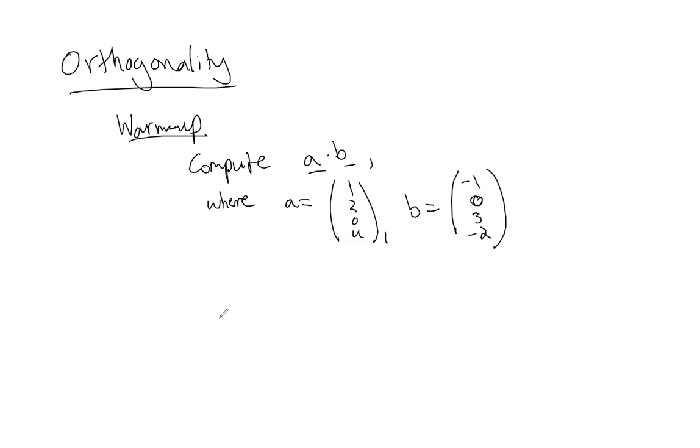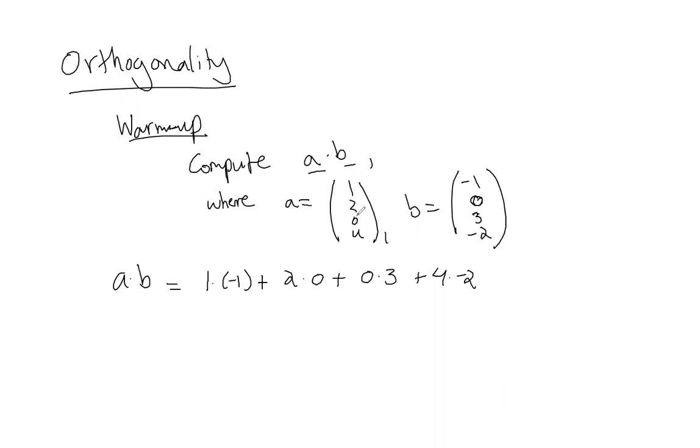So the dot product, hopefully this is just a quick review for everyone, is you sum over entry-wise products. So you have 1 times -1 plus 2 times 0 plus 0 times 3 plus 4 times -2, right?